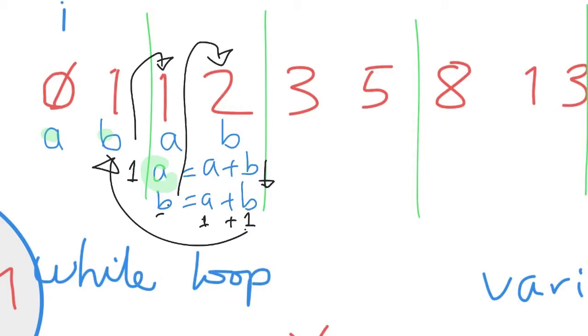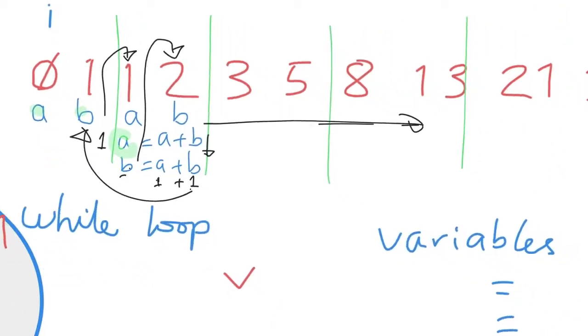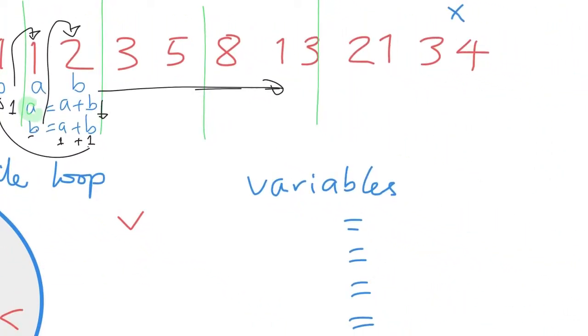And that will work all across these number pairs. And what you're essentially doing here is updating a variable. So our variables might have started with A and B and 0 and 1, and now they're 1 and 2. They've been updated. So every single time we go through a loop, we can update the value.